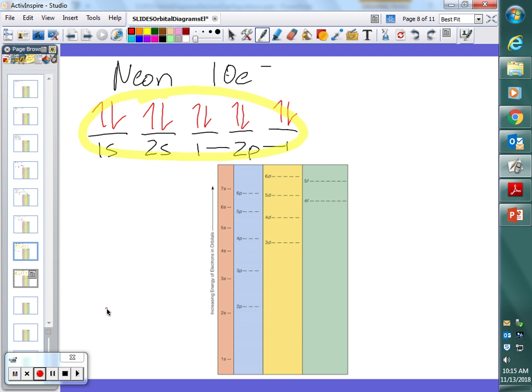The whole first level is totally full. The whole second level, all the s's and all the p's, is totally full. We can use that as a shortcut. You cannot just pick the previous element to whatever element you want on the periodic table and use that. We can only shortcut using those elements in the far right-hand column, column 18.